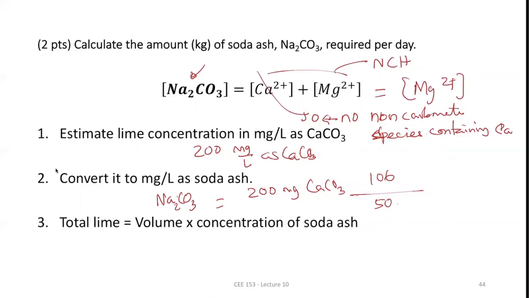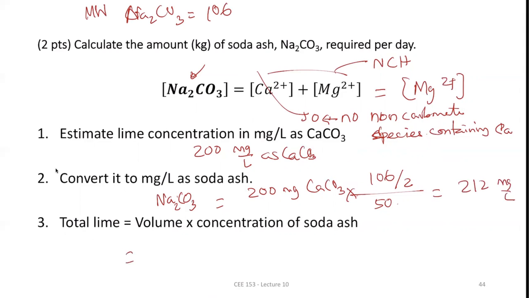That's the molecular weight divided by 2, because of the 2 here. The molecular weight of Na2CO3 is 106. So that would lead to 212 milligram per liter.